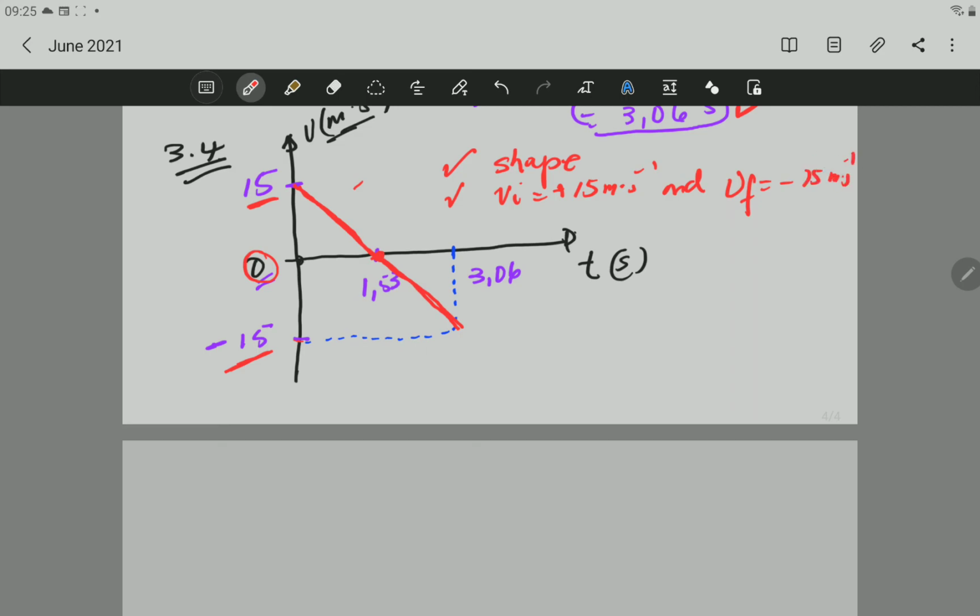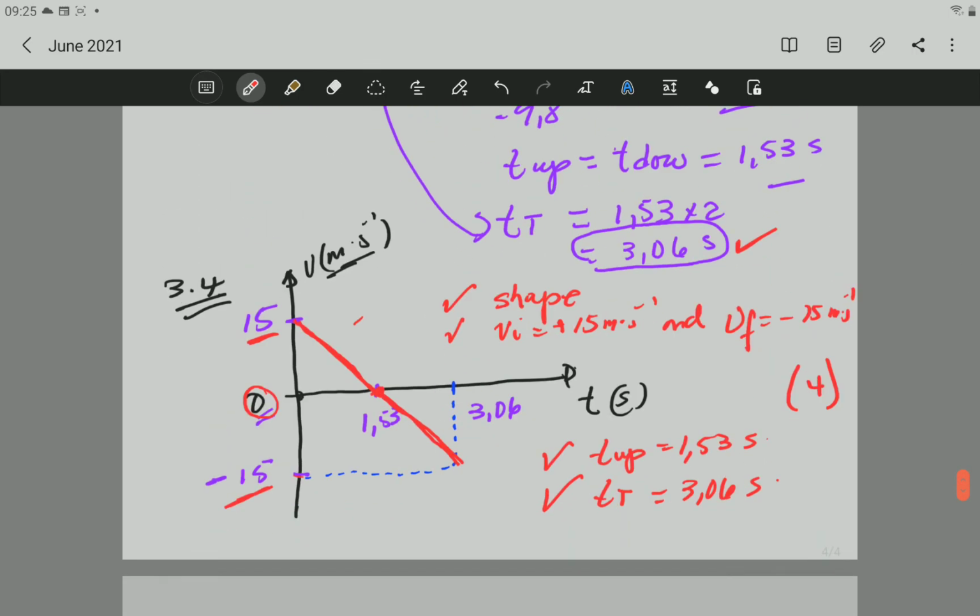You get 1 mark for both. I'm going to write it here at the bottom. 1 mark for the time to go up, which is equal to 1,53 seconds, and then 1 mark for the total time, which is equal to 3,06 seconds. There are 4 marks for this drawing or sketching of the graph.